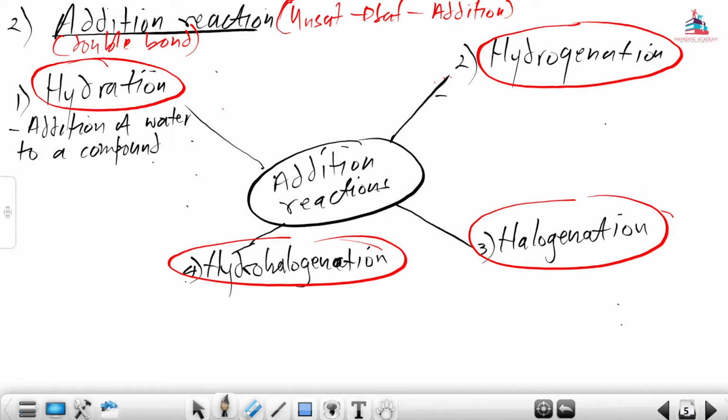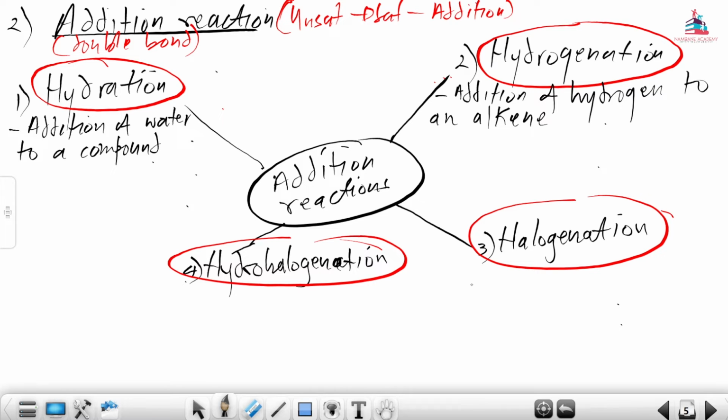What is hydrogenation? Addition of hydrogen to an alkene.